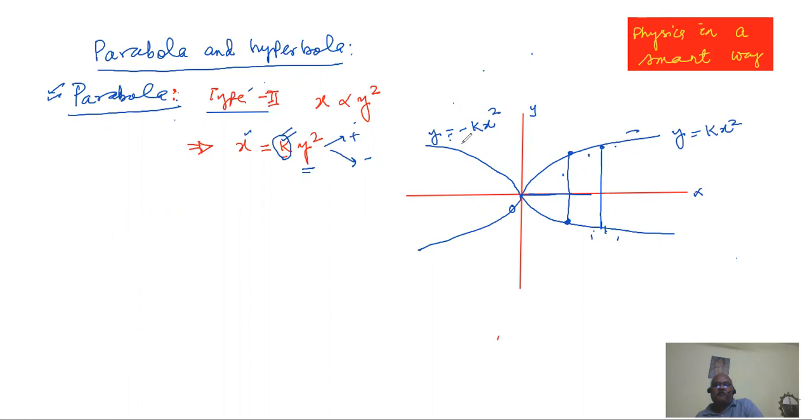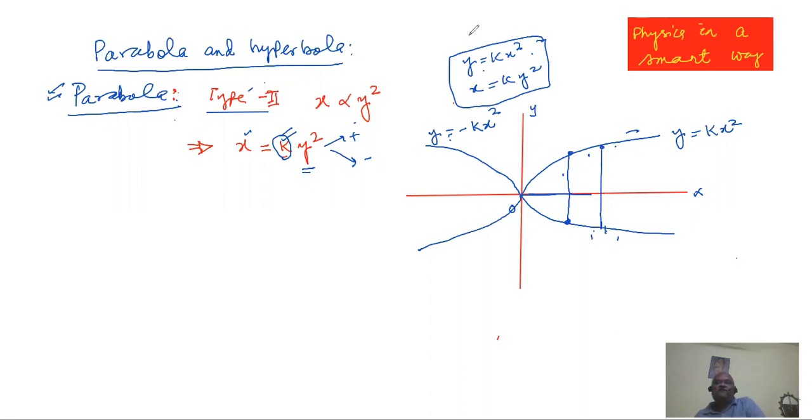Nature somehow favors parabola, and these two are the most important types of parabola we must be aware of: y equals kx square, and second x equals ky square. Regardless of the value of k, whether k is positive or negative, they'll be giving you parabolic curves.